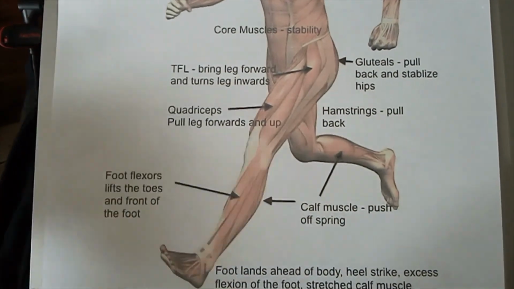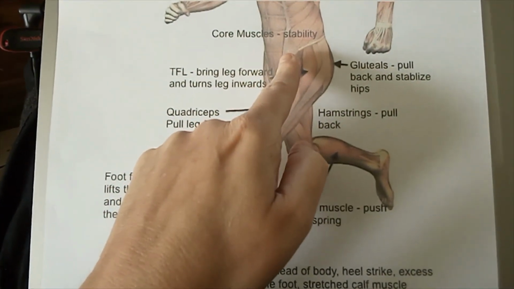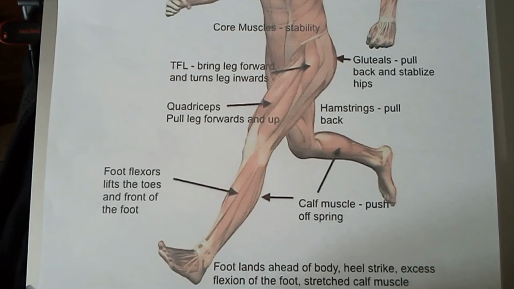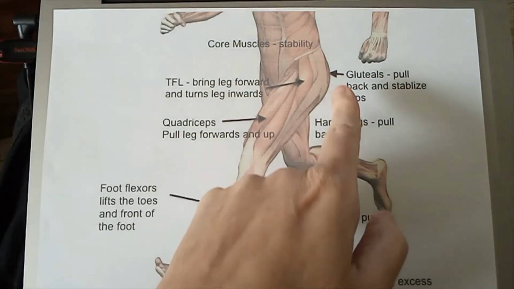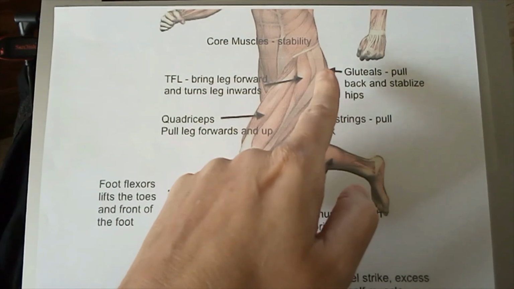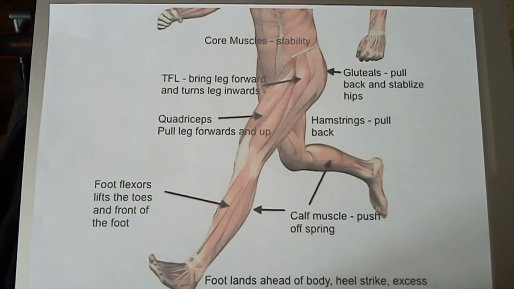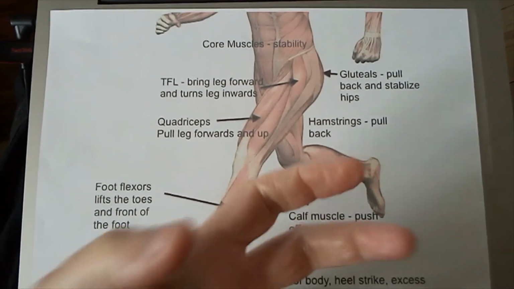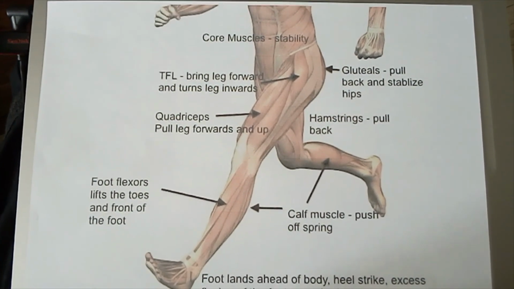It will explain why the core muscles are so important for stability when running. It will also look at the role of engaging the glutes in order to stabilize the hips and reduce the impact through the calves.